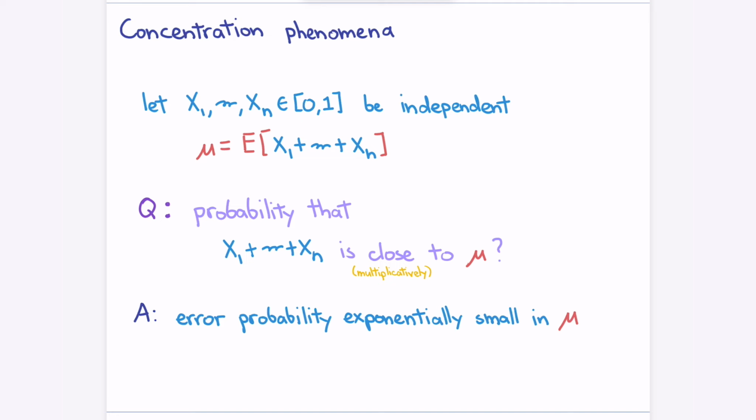The odds of deviating from the mean is going to be exponentially small in the mean. So when we did those 1,000 coin tosses and you got that small number, that was really exponentially small in 500, because 500 was the mean, more so than the 1,000 coin tosses. Okay, so that's the real point.